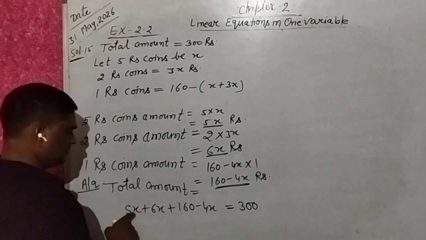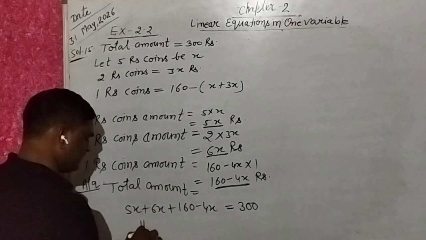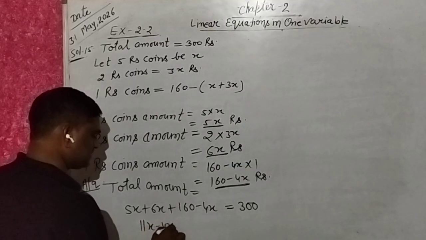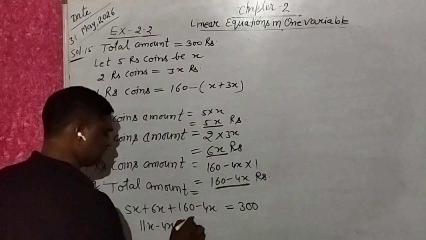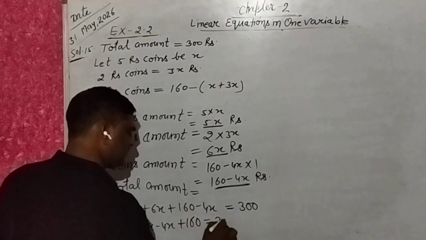You get it? 11x minus 4x plus 160 is equal to 300.